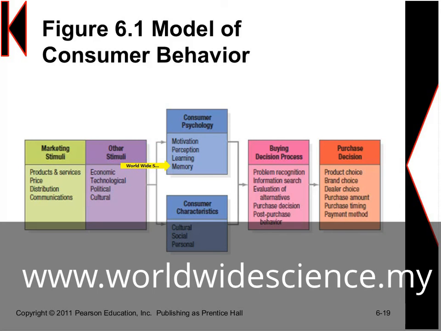Also these three I already explained to you: cultural, social, and personal characteristics. All of these have a first impact on consumer psychology and characteristics, and after that we will go to the buying decision process.